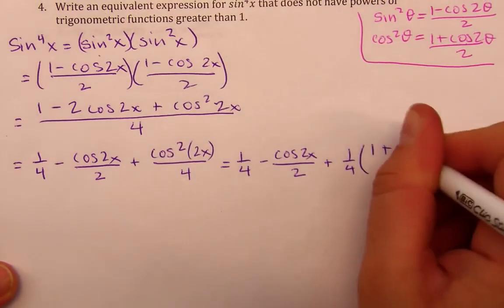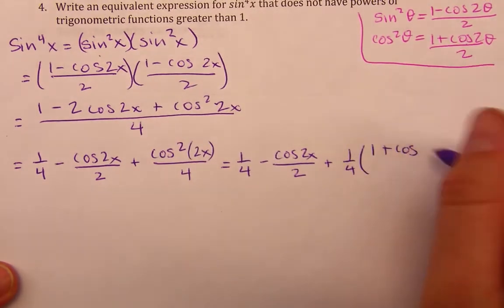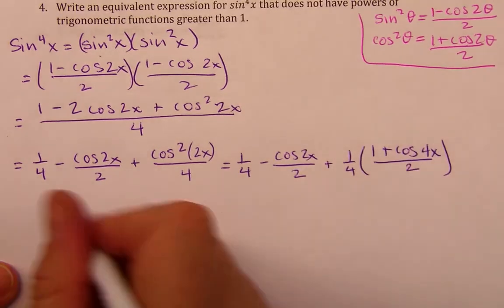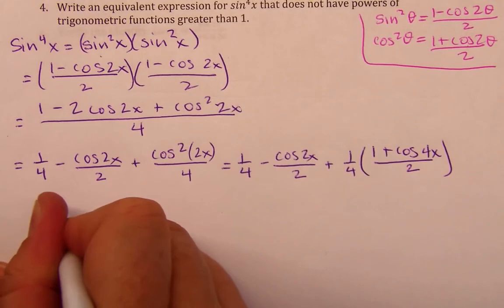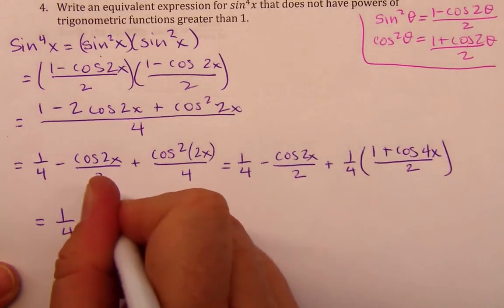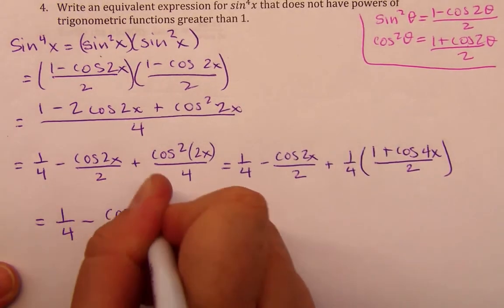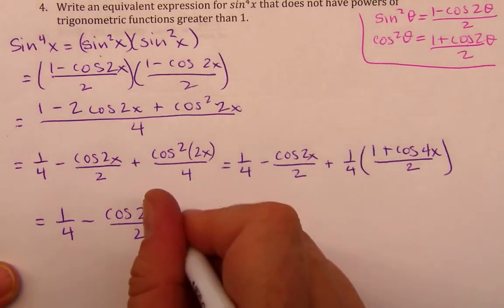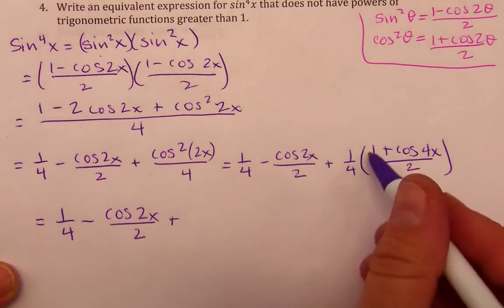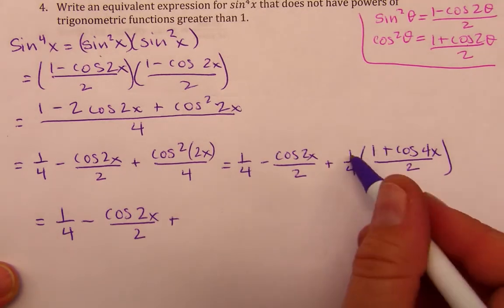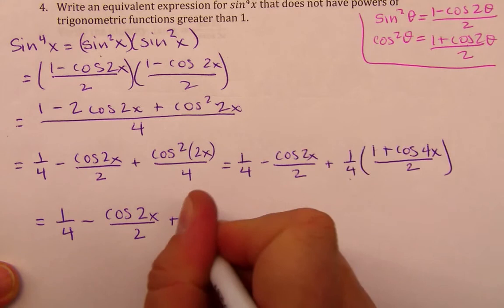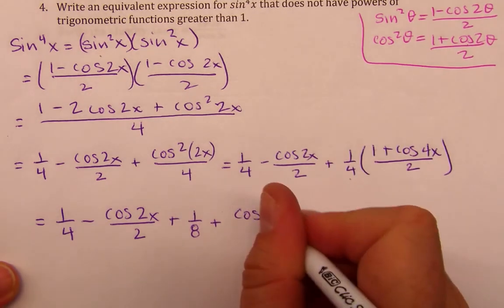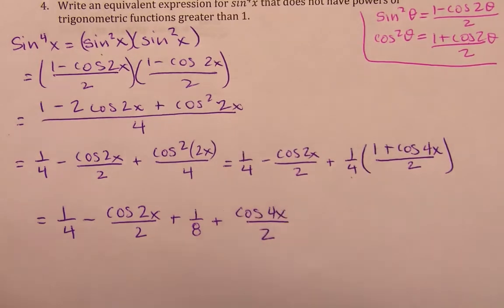So 1 plus cosine 2 times 2 is going to be 4x over 2. And so that brings us to 1 over 4 minus cosine of 2x over 2 plus, now I have this 1 over 2, and 1/4 is going to give me 1/8, plus cosine 4x over 2.